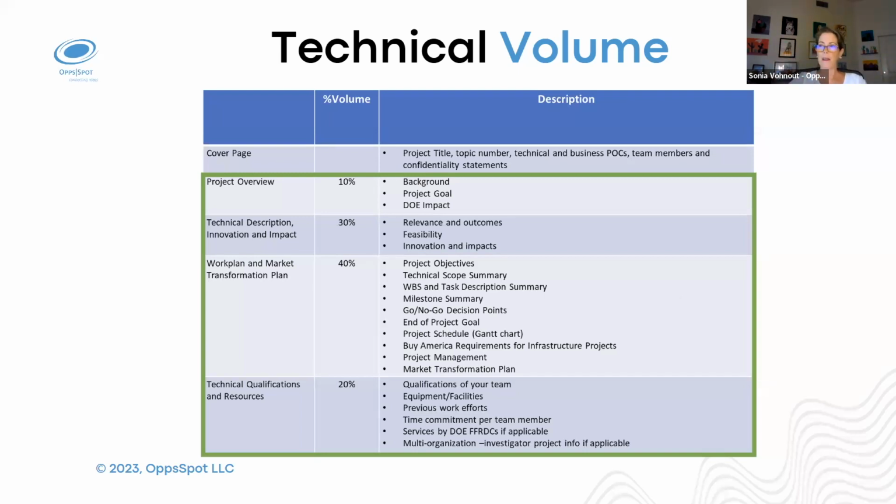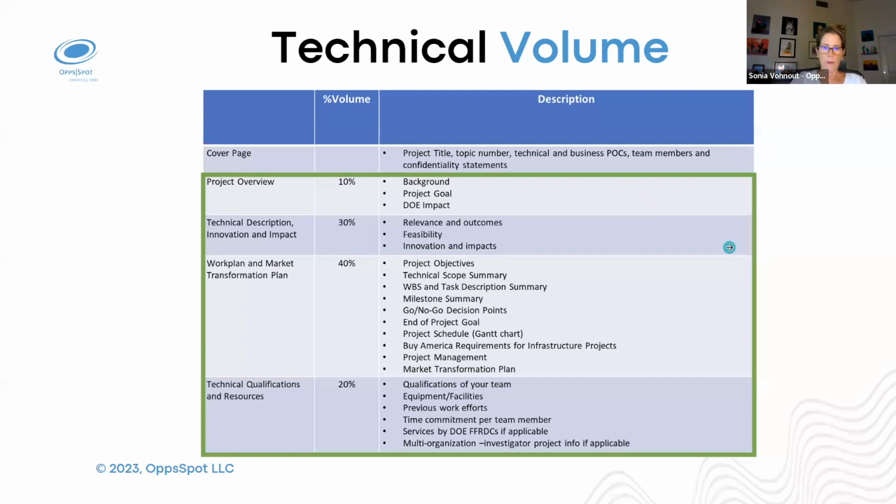So it's a guideline, right? But keep that in mind, because if you look and see what the review criteria is and the scoring, it's very closely matched to this percent volume as well. So I noted that the other day when I was reviewing this.